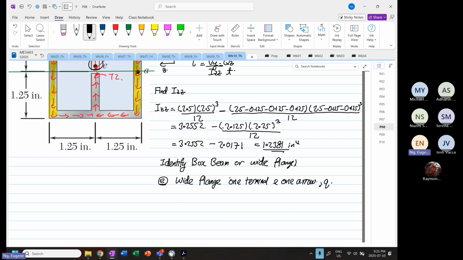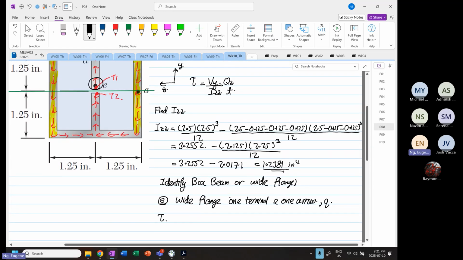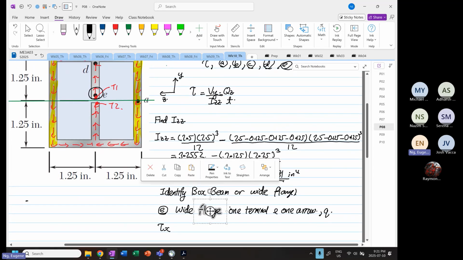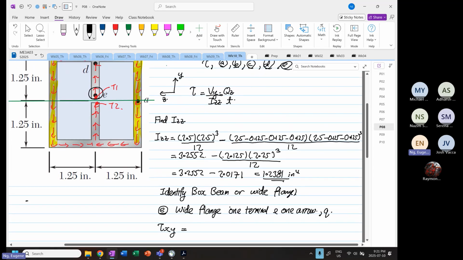We know that the shear stress, the intersecting plane is X, because this cross section will intersect the x-axis. The shear force is in the Y direction. So at point E, this is equal to Vy over Izz times Qz at point E, divided by thickness.